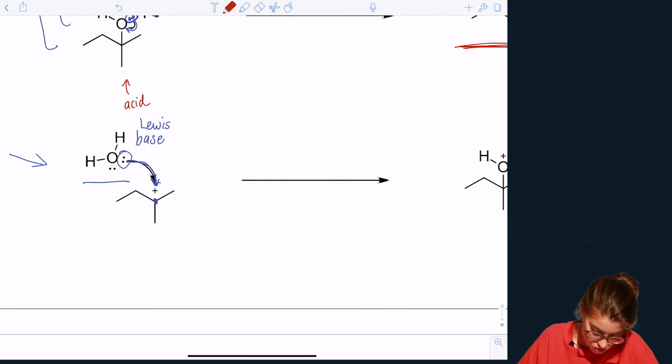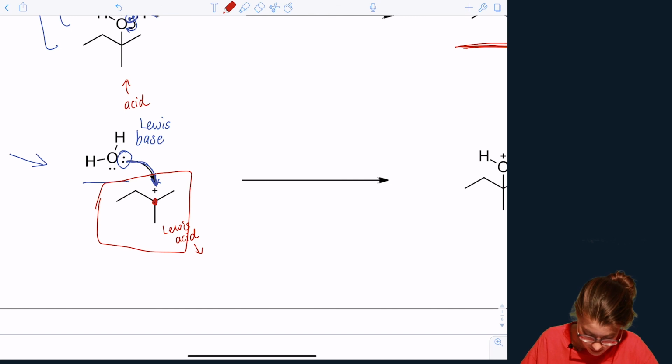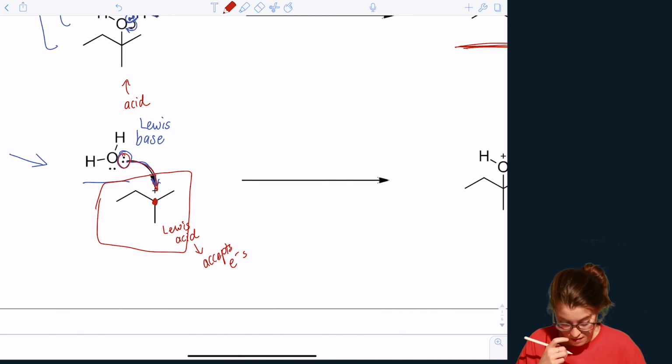And the molecule that accepts electrons, which in this case is the carbocation, is the Lewis acid. So this is the one that accepts the electrons. And you can see it accepts the electrons from the base, okay?